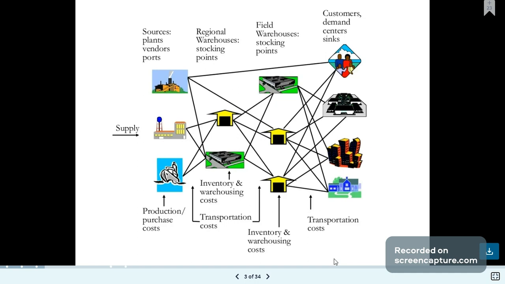These are connected to the transportation cost, and we will get the inventory and warehousing cost as well. The inventory and warehousing cost and transportation cost are interchanged and associated with each other, and the production purchase cost as well. So we can see this in the flow chart.